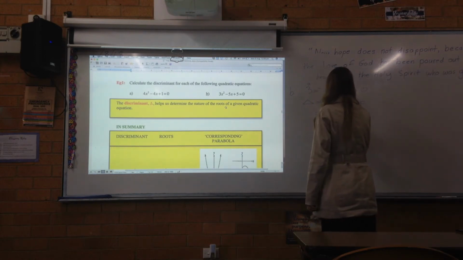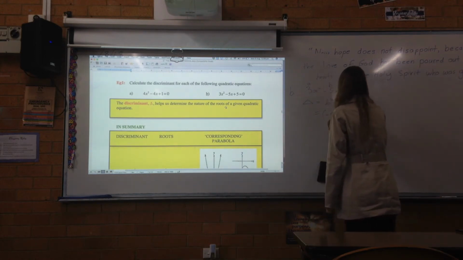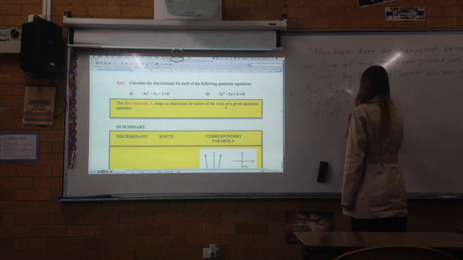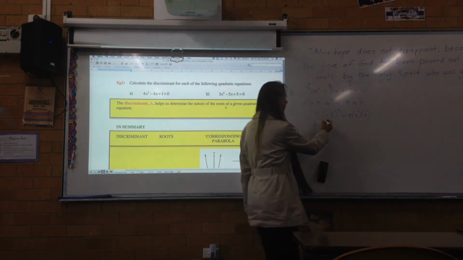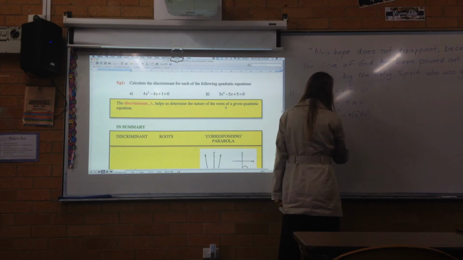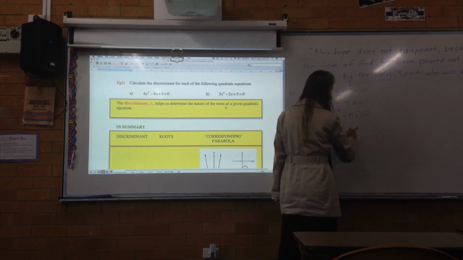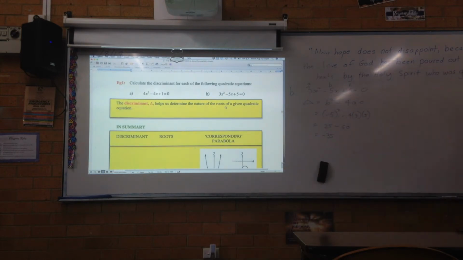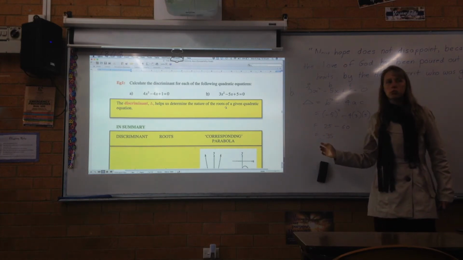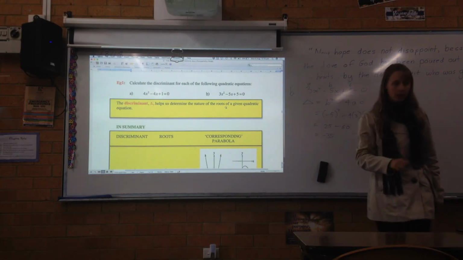So, we have negative 5 all squared minus 4 times 3 times 5. Negative 5 squared is 25 minus, well, 12 times 5 is 60. So we have negative 35. Is that what you got? So we have a negative this time. So if it's a negative, what would that mean about our roots? It means there has to be no real solutions.